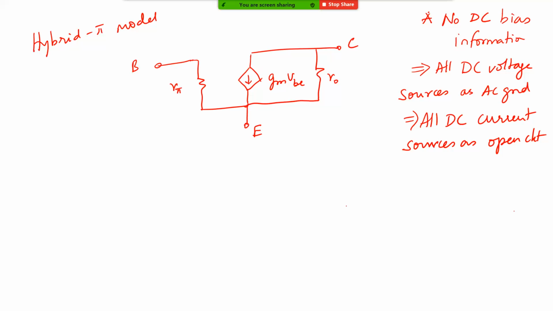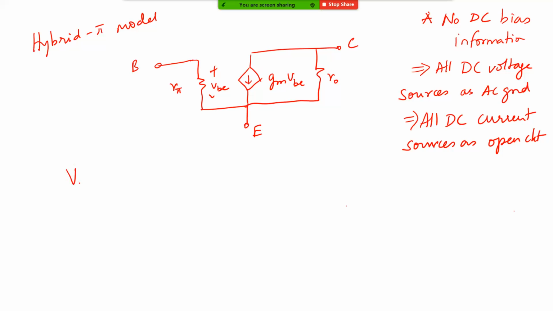So when we draw the small signal model of any BJT transistor, or any transistor for that matter, or any circuit, we typically do not consider the DC current flow or the DC voltages here. We are only looking at the small signal incremental voltage. We say that this is the VBE, and the small VBE is basically the incremental signal or the AC signal.